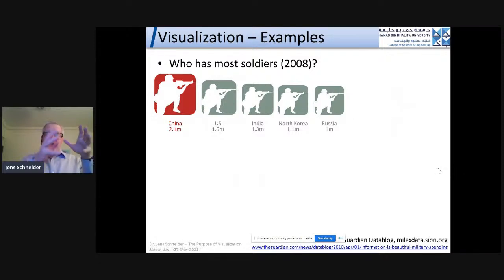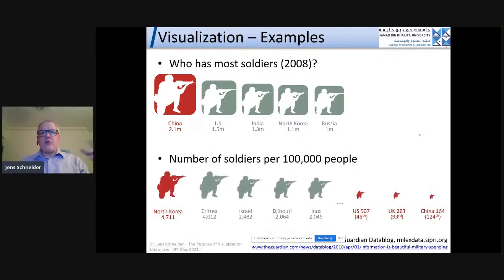Another thing in terms of absolute visualization against relative visualization is who has the most soldiers? The answer in absolute terms is China, 2.1 million, but we know that North Korea is pretty, let's say, enthusiastic about their military. So let's have a look at that in relative numbers.